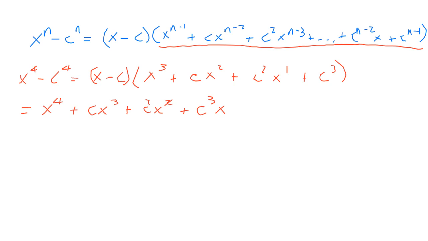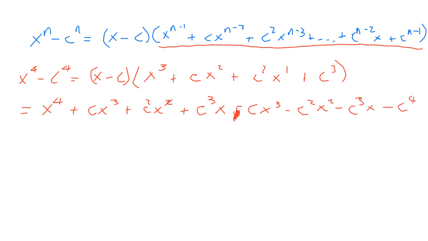The powers must always add to 4. Then minus, because we multiply by negative c now: negative c x cubed, negative c squared x squared, negative c cubed x, and then minus c to the 4.